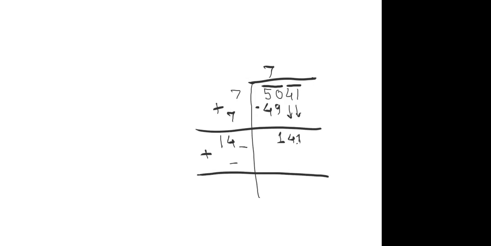I can use 1 or 9, but 149 into 9 would be too big a number. 141 into 1 would be just correct. I get 141. Here I'll write 1 and the remainder is 0. This gives me 142 and the square root is 71. Square root of 5041 is 71.